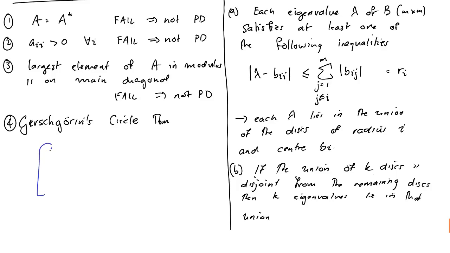Let's do it here. 4, 2, 1, 0, 1, 0, negative 10. No, let's not do that. Let's make one that is positive definite. 0, 1, 0. Then basically, your first one is centered at 4 and has a radius of the sum of the off-diagonal entries, which is just 1.